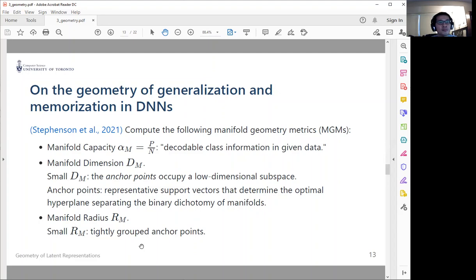So if you can represent those points in a very low dimensional space, then this manifold has a low dimension. And similarly for R_M, if you have a small manifold radius, then these representative points are tightly grouped to each other. Please correct me if I'm wrong in the interpretations. I'll correct the slides afterwards.